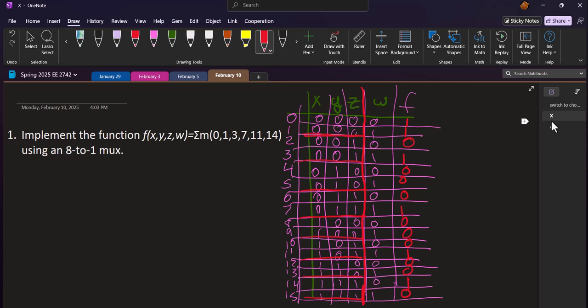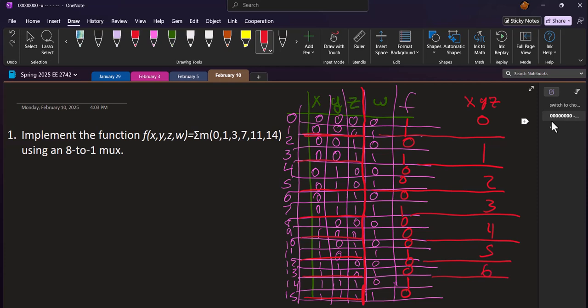And if we look at what those numbers are for X, Y, and Z, what binary number that makes up is 0, 1, 2, 3, 4, 5, 6, 7. So just the bits X, Y, and Z make the numbers 0, 1, 2, 3, 4, 5, 6, 7.